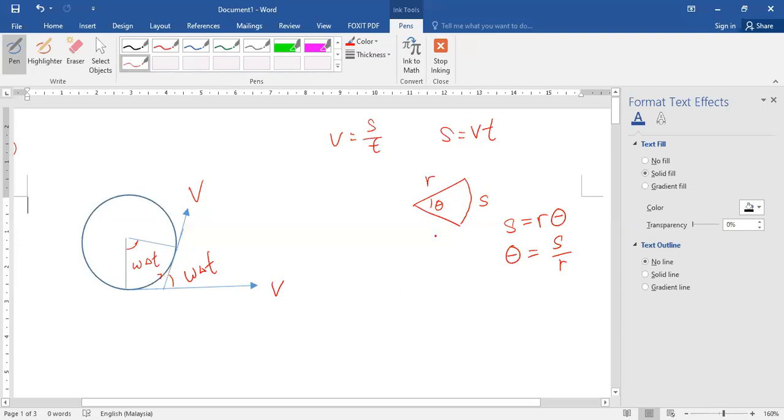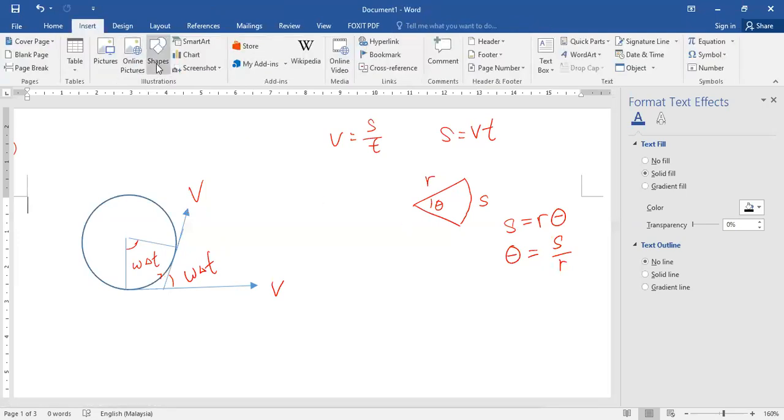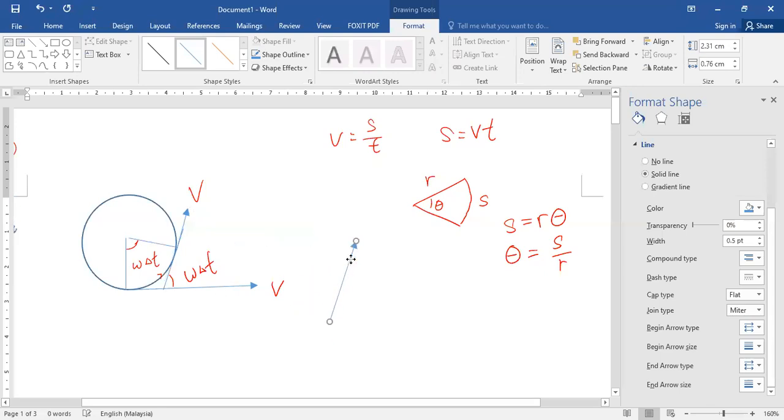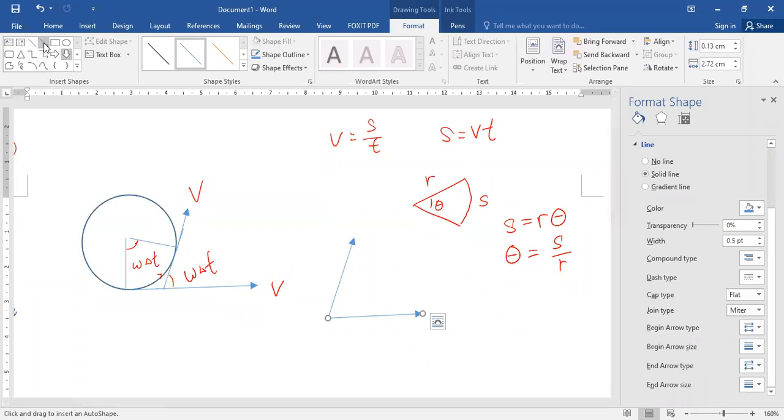Because if I use the true line, like that, where I have another line, this will be the resultant.